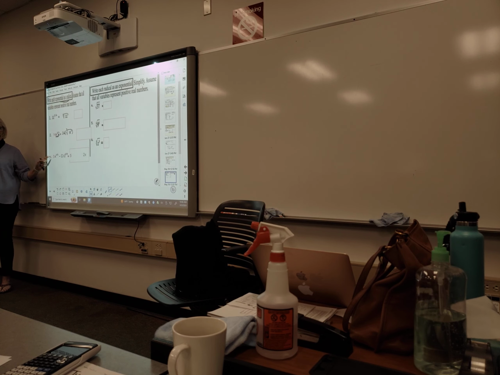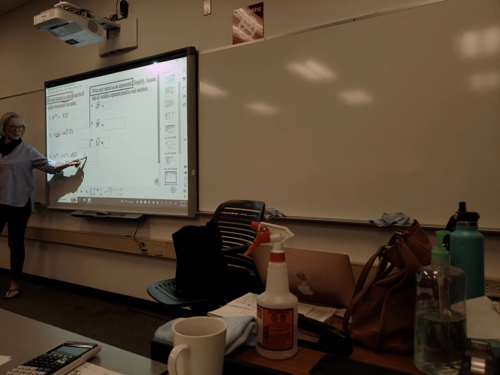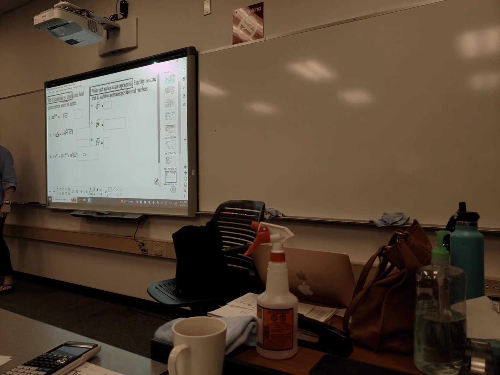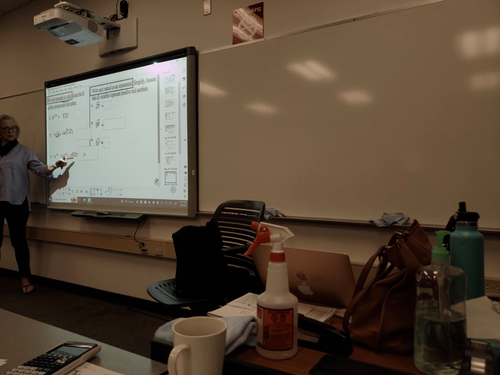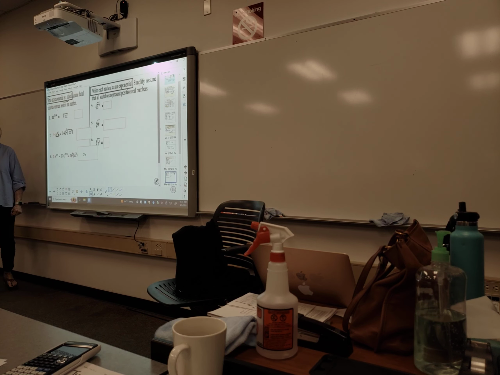So write that using a radical. So Mr. 5 is totally outside by itself. And then I'm going to convert the x, it has an index of 5 and a cube of 3. So that's the way we write it.